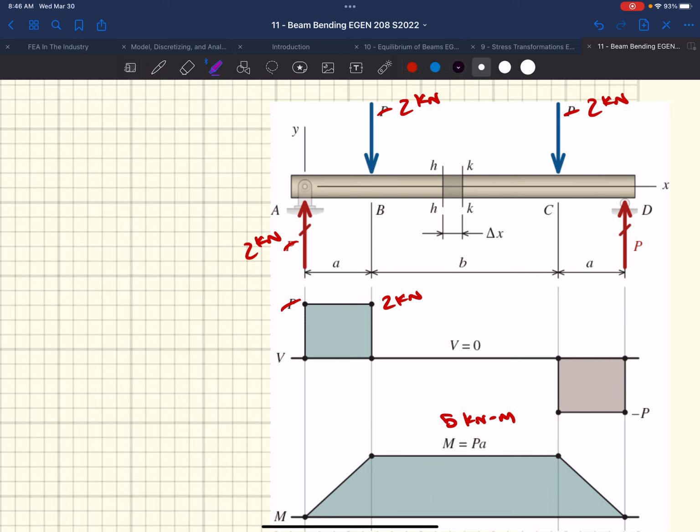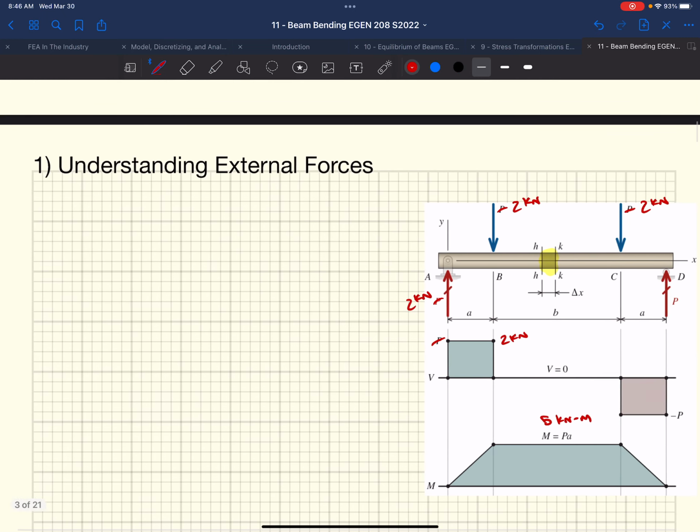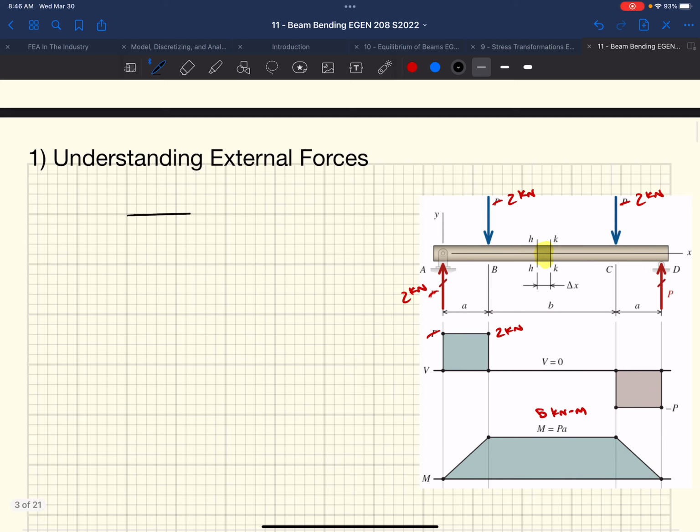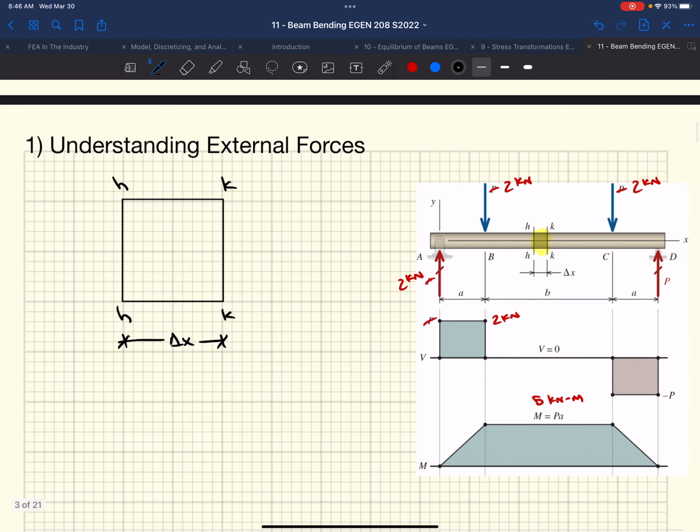Delta X. So we take this delta X, and we draw that delta X out here. Blowing it up. It looks something like this, right? H to H, K to K, delta X long. If we're drawing a free body diagram, this thing has forces on it.